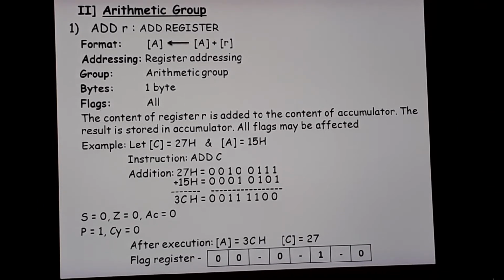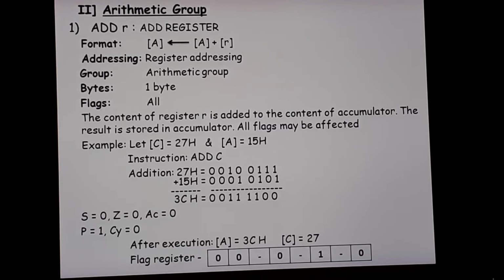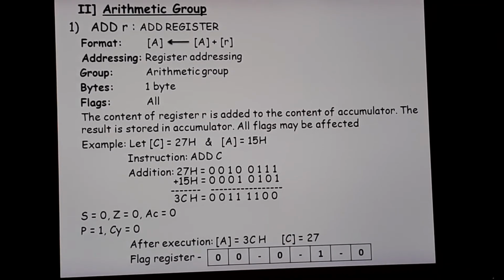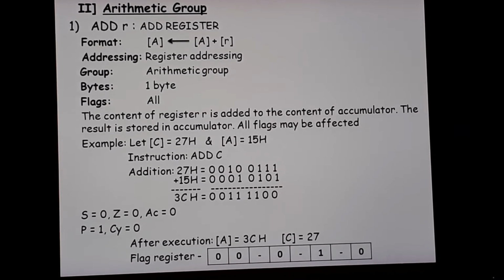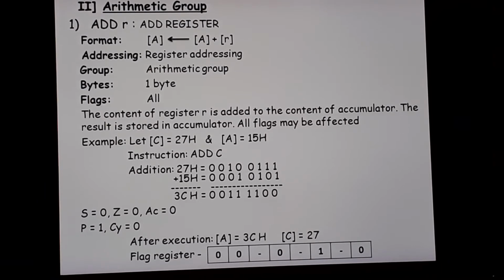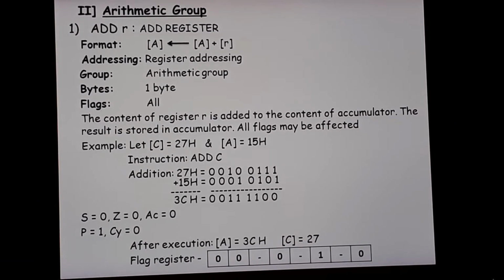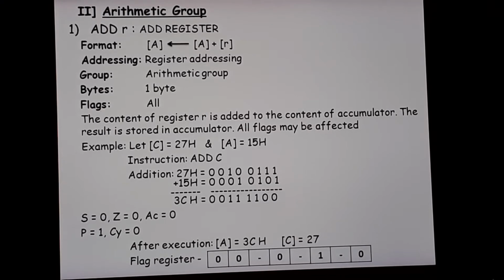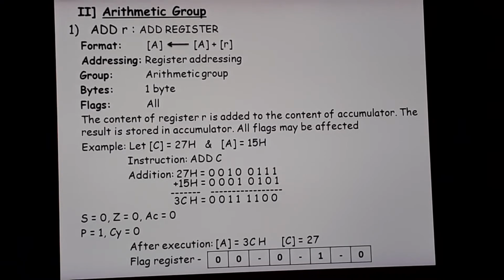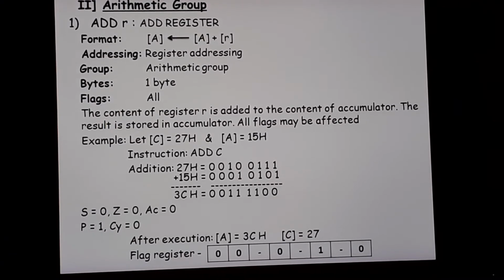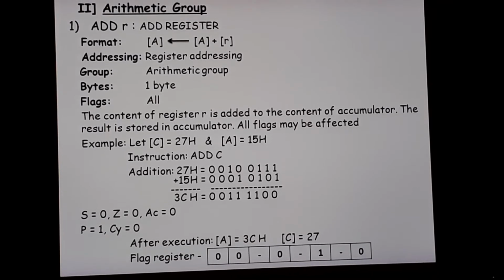You need to write that binary number. 2 will be 0010, 7 will be 0111. Then 15H: 15H plus 27H, but you have to show the addition in binary. So 1 will be 0001, and 5 is 0101. So you need to know the addition of binary very well here.